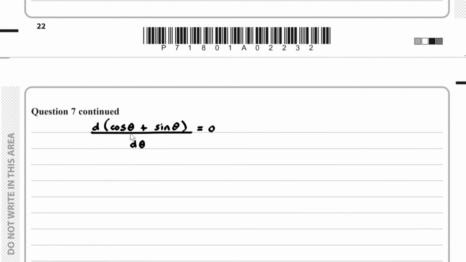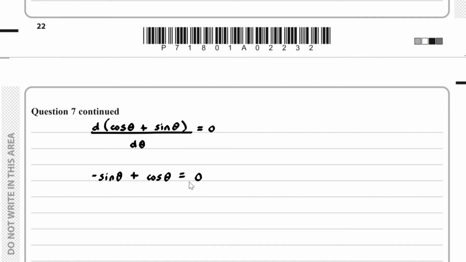Differentiating cos theta, we end up with minus sin theta, and differentiating sin theta, we end up with cos theta.